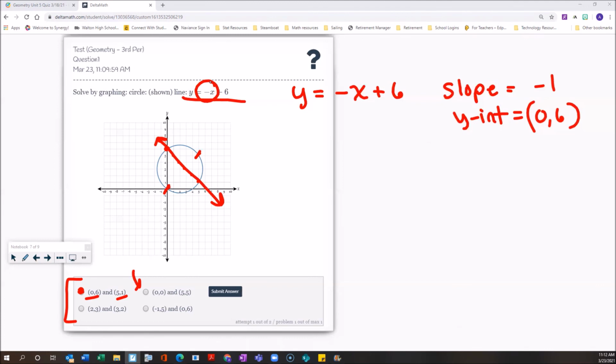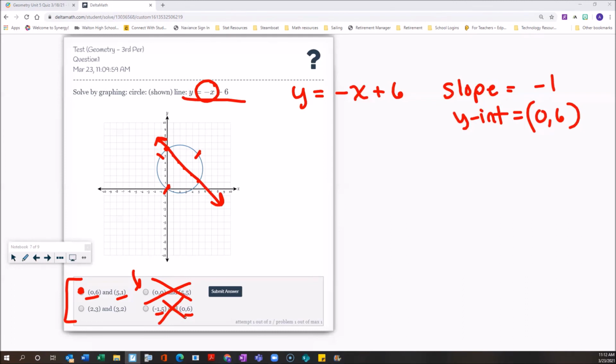So even if I don't know exactly what the line looks like, you could rule that one out because it won't work. And then some of these won't even be in the right quadrant, right? -1, 5, okay, that works. But 0, 6, it would have to go this way. So that would also have to have a positive slope.